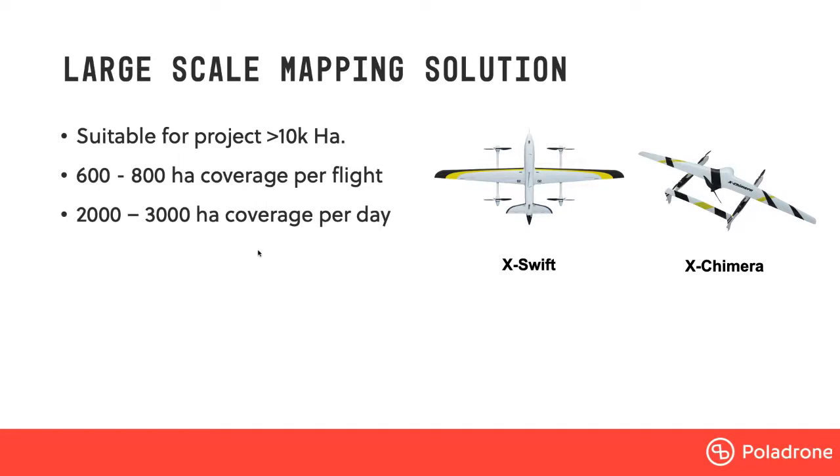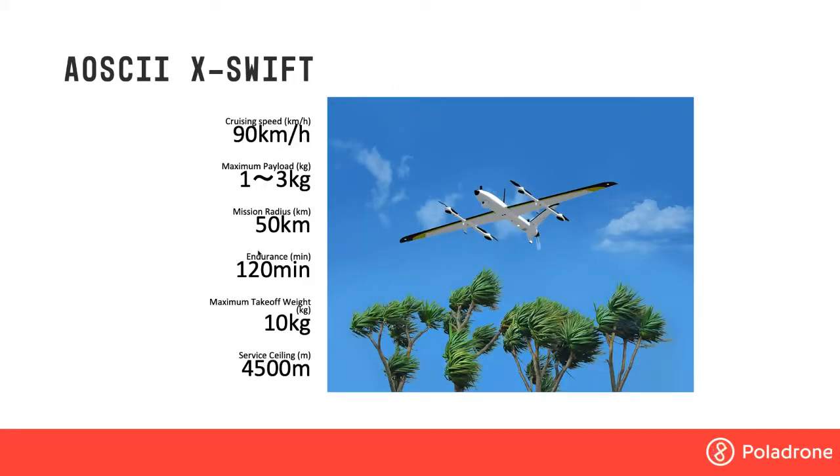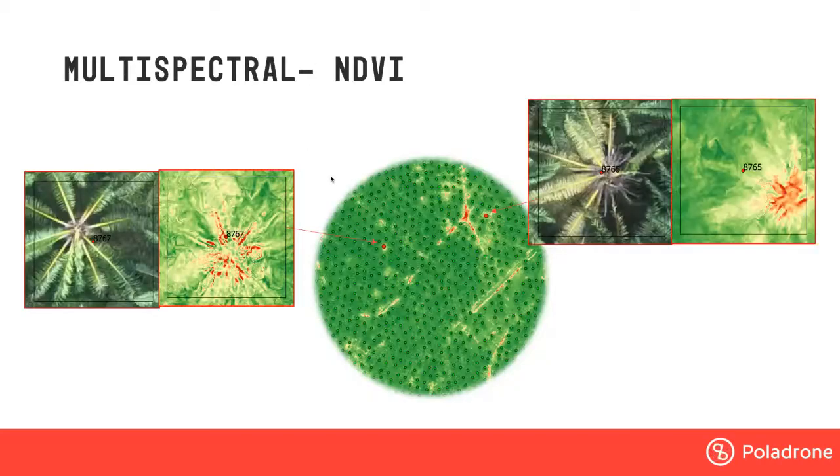Talking about the specifications of the X-Swift, this is the VTOL that we are distributing. The cruising speed of the X-Swift can go up to 90 km per hour, and the maximum payload is 1 to 3 kg.